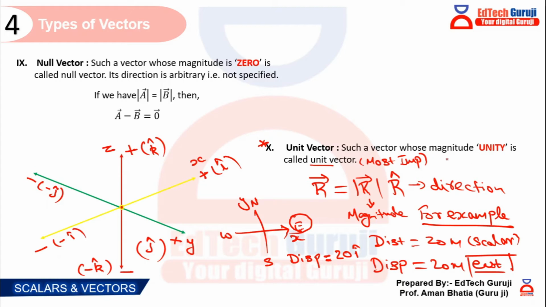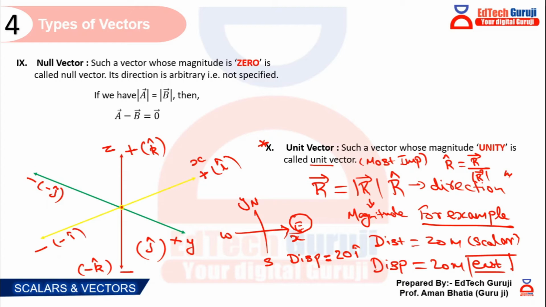In another way, a unit vector is nothing but a vector divided by its magnitude. This is how we can also calculate the direction of a vector. When you divide the vector by its magnitude, the resultant is your unit vector. I hope this is clear to you.